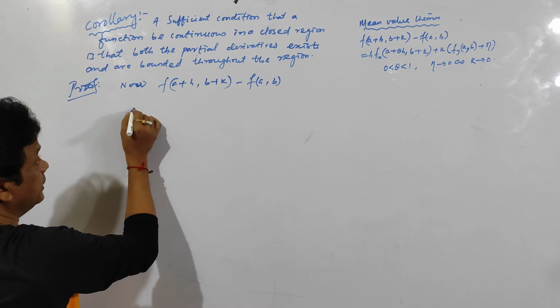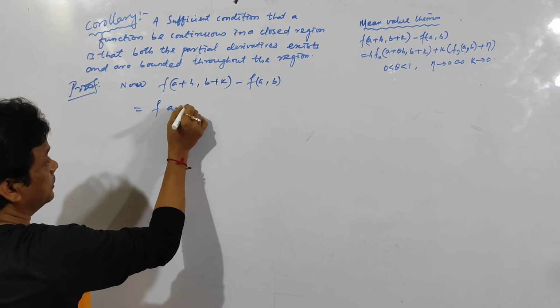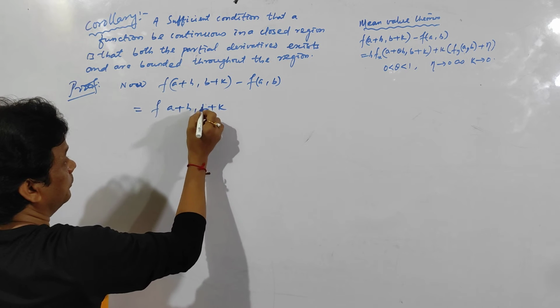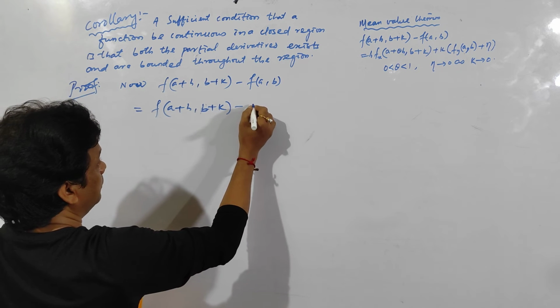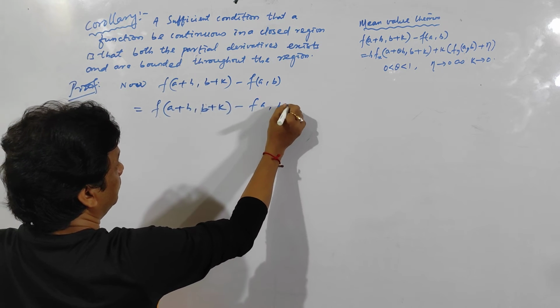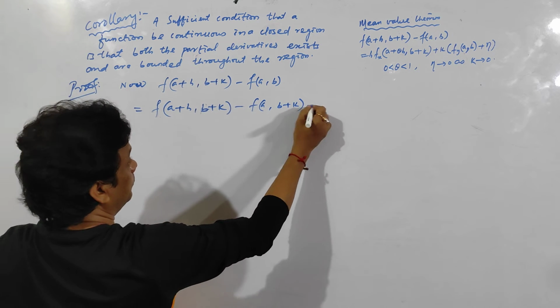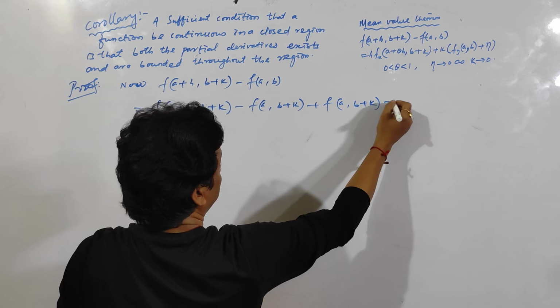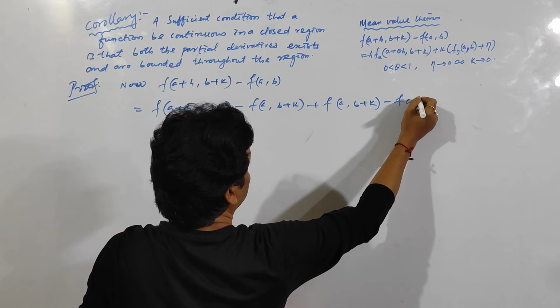See here, and this one I can write, a very easy theorem, f of a plus h, b plus k, minus f of a, b plus k, plus f of a, b plus k, minus f of a b.